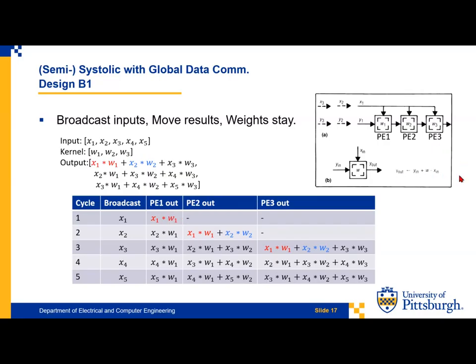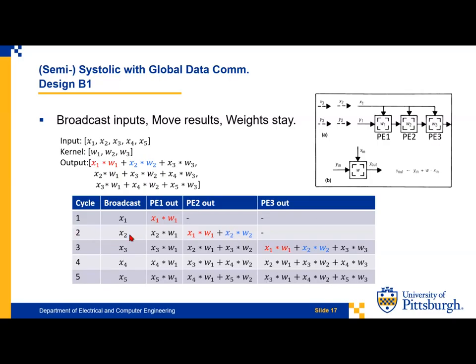Follow this definition, and the output of PE1 will propagate to the next processing element, the PE2. So for the PE2, the Y in for the PE2 is the PE1 out, right?